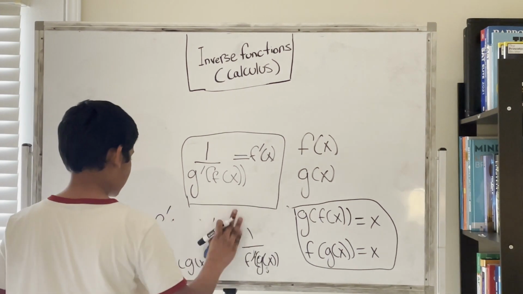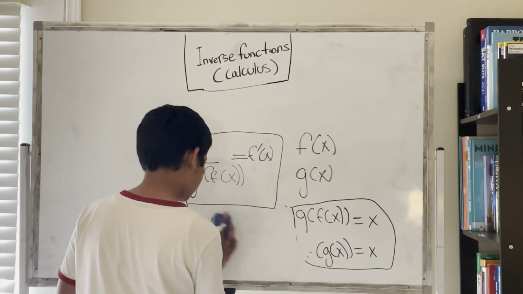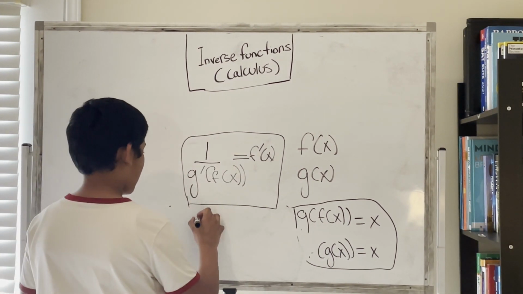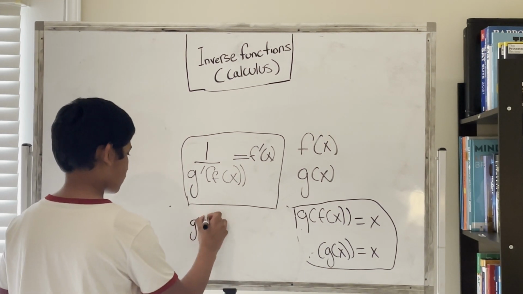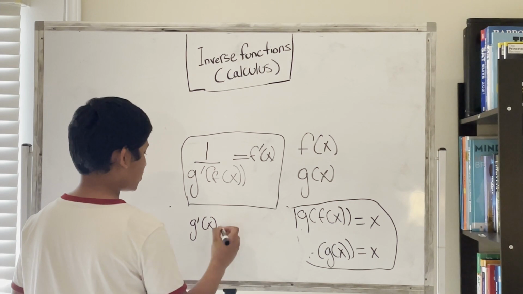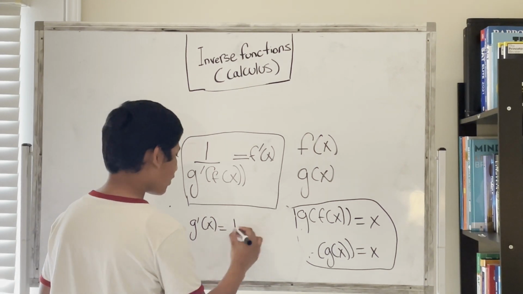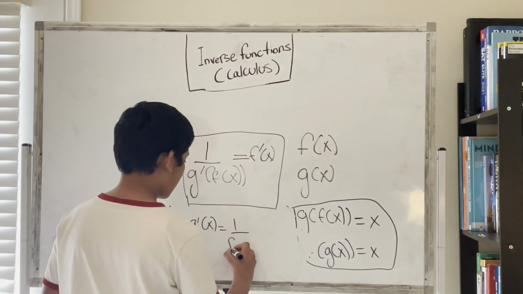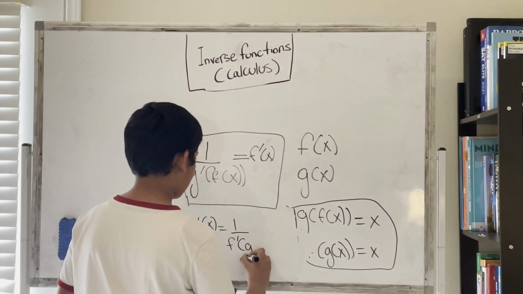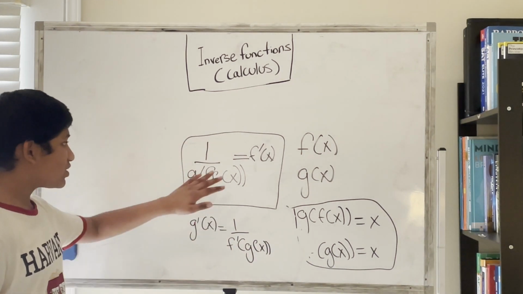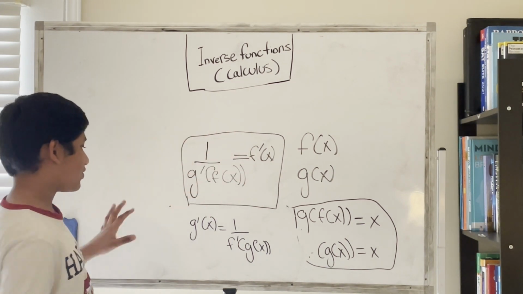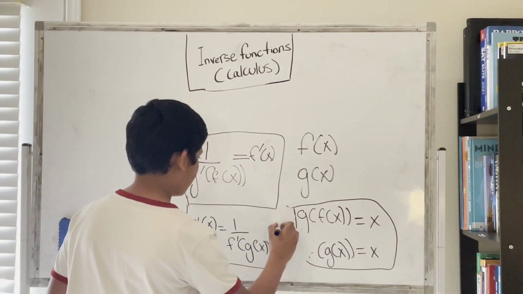And now, if we erase this, we'll get g prime of x is going to be equal to 1 over f prime of g of x. Now, this is true because we know that since these are inverse functions, these both must be true.